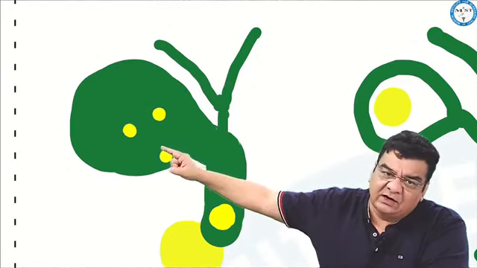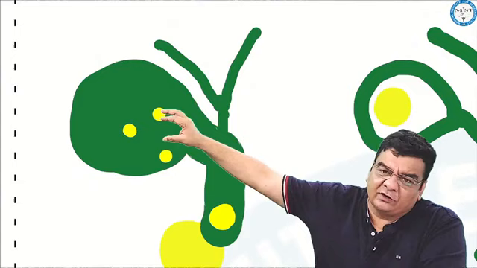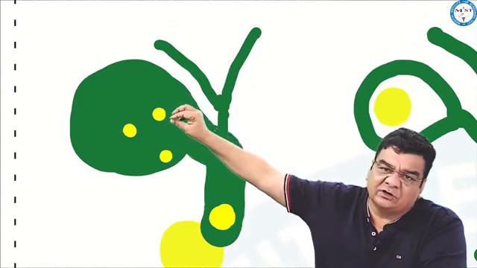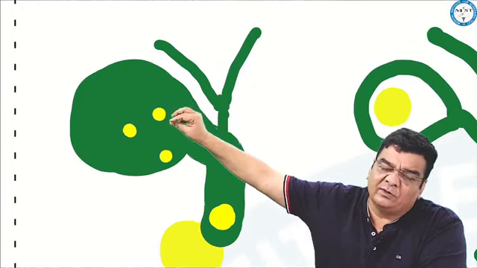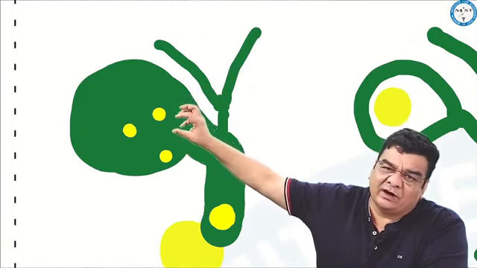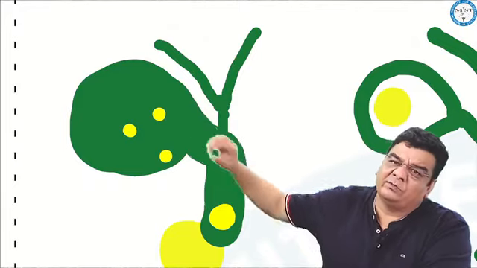But if CBD obstruction is due to a stone, the gallbladder may not always be palpable. That is because the stones, if present for a long period of time, would have caused chronic fibrosis in the gallbladder, because of which the gallbladder might have become narrow and contracted, and now that narrow contracted fibrotic gallbladder will not be able to distend.